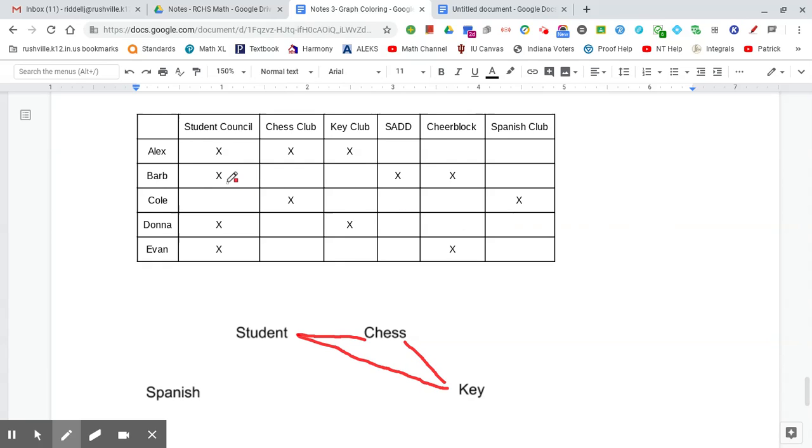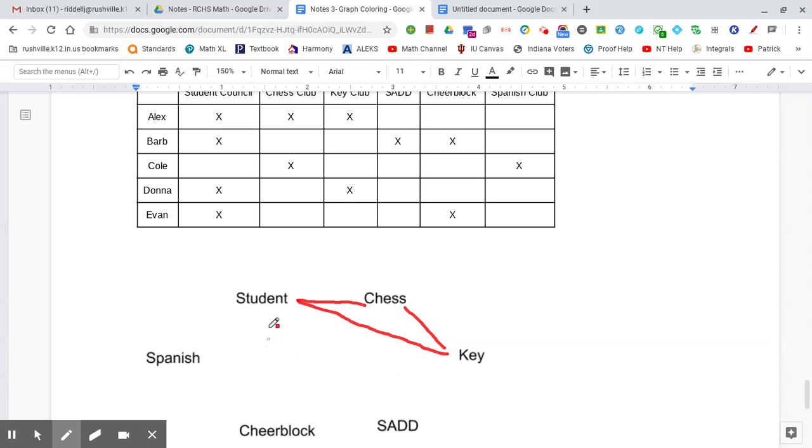For Barb, she's a part of student council, she's a part of SAD, and she's a part of cheer block. All right, so for Barb, I'm going to have to draw a conflict between student council and SAD, student council and cheer block, and then SAD and cheer block. And then for Cole, he is an officer of key club.